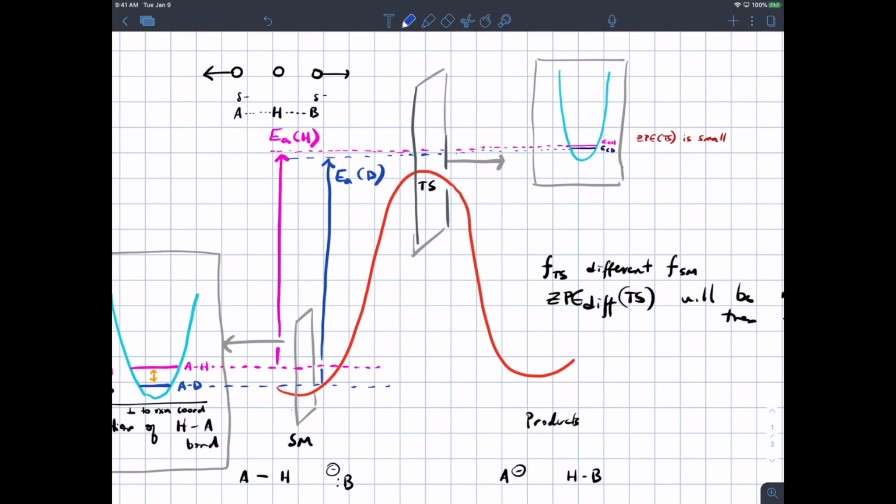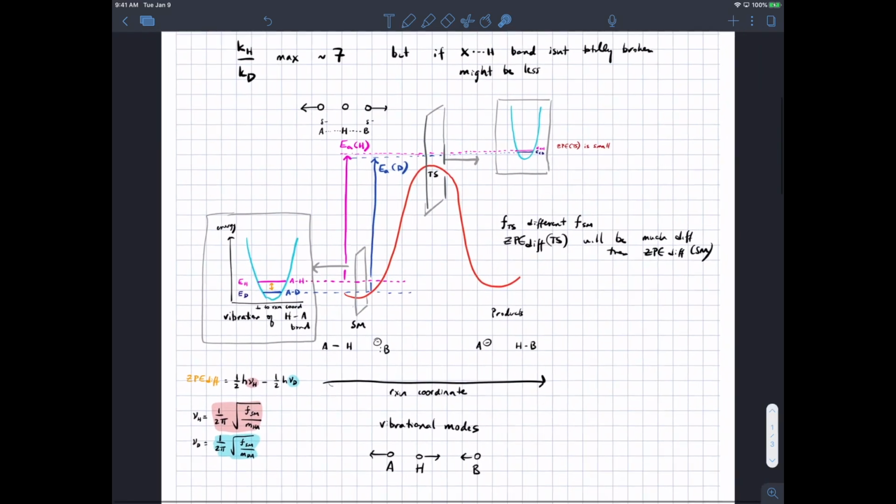Now, based on what I've told you, which reaction is faster? The reaction goes faster for hydrogen or deuterium? Hydrogen. You can tell that because this energy difference is smaller than that energy difference.